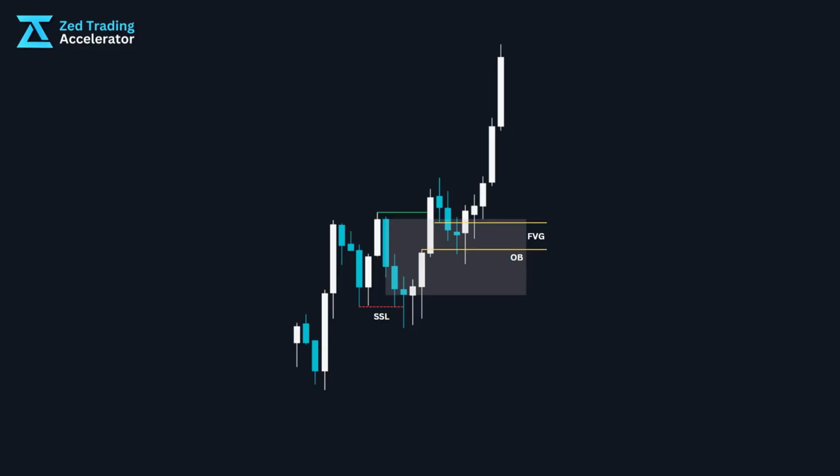Alright? We don't want to see it continue going lower, or else this is an invalid setup. But most of the time, when you have a setup like this, a high probability order block, the price mostly respects that high probability order block and continues in its real direction. Alright?